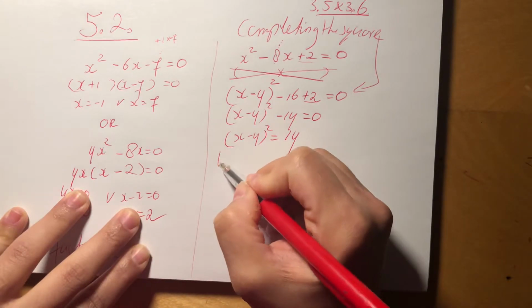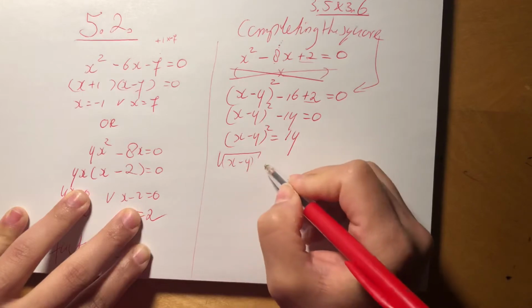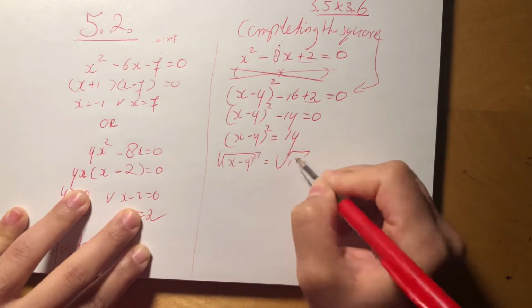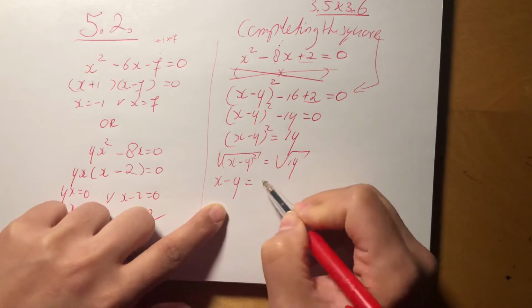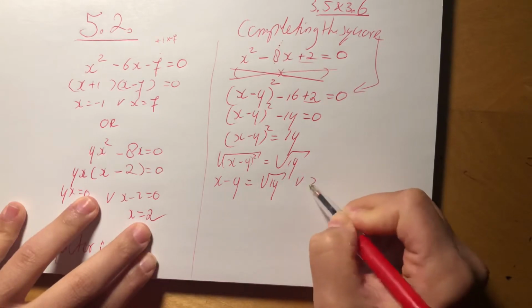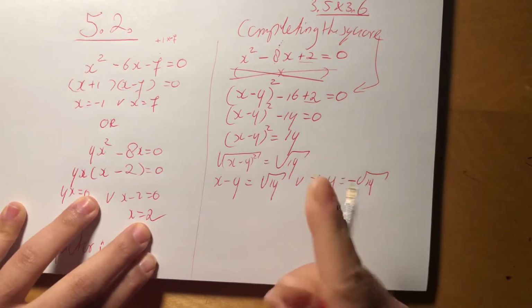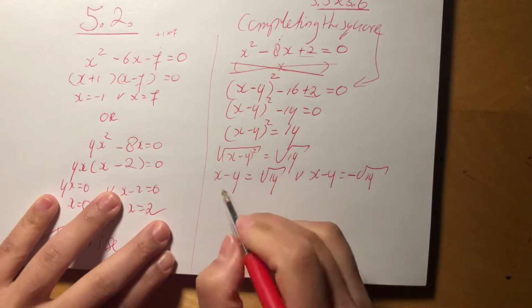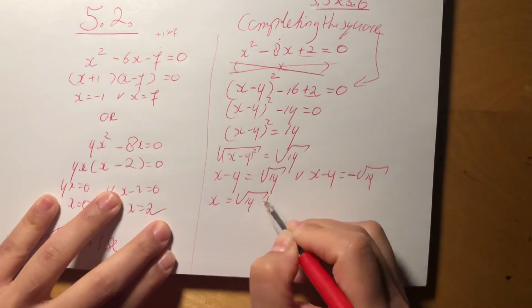So the square root of x minus 4 to the power of 2, and the square root of 14. You get the positive answer. So x minus 4 will be positive square root of 14, or x minus 4 will be the negative square root of 14. Don't work with decimals yet. So then you get x, 4 to the other side, square root of 14 plus 4.